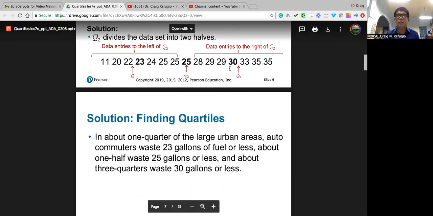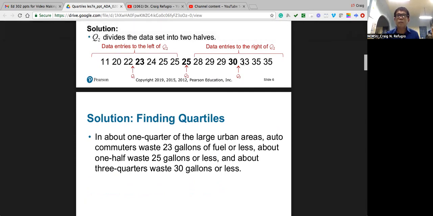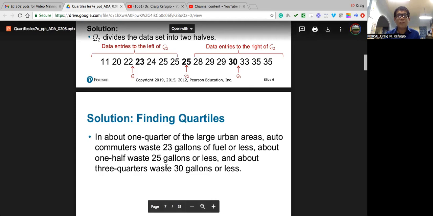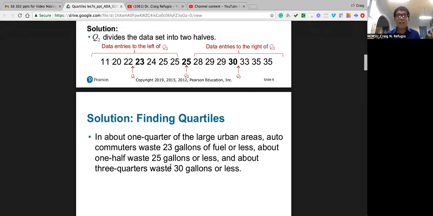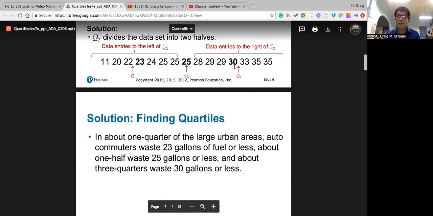Our third quartile, or quartile number 3, is equal to this one. So about one half waste 25 gallons or less, and about 3/4 waste 30 gallons or less.